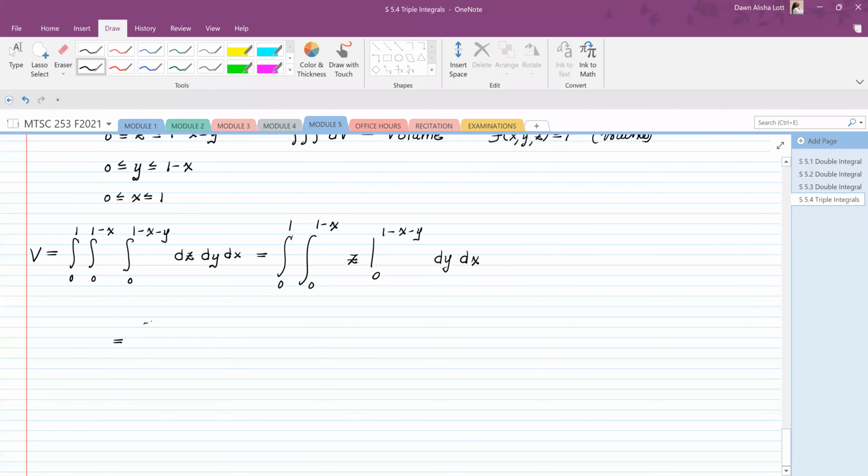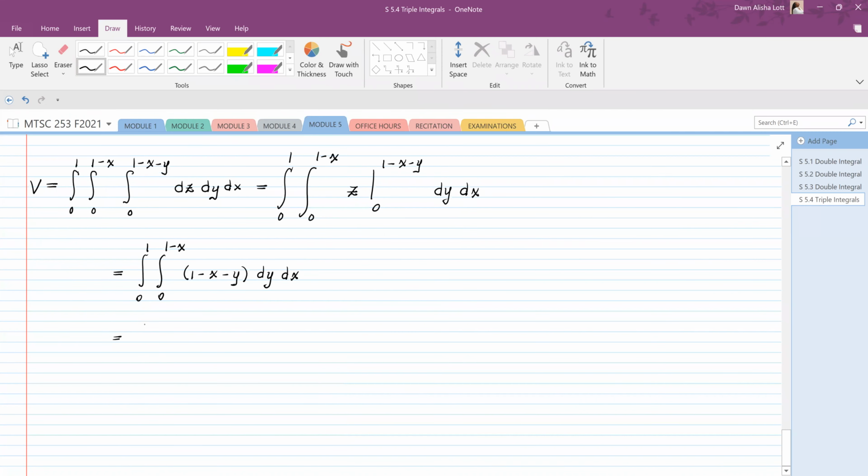So that's the integral from 0 to 1, the integral from 0 to 1 minus x, of 1 minus x minus y dy dx. I think we did this integral. Integral from 0 to 1, I'm going to get y minus xy minus 1/2 y squared, evaluated between 0 and 1 minus x, dx. And I'm pretty sure the answer turns out to be 1/6. Yeah.